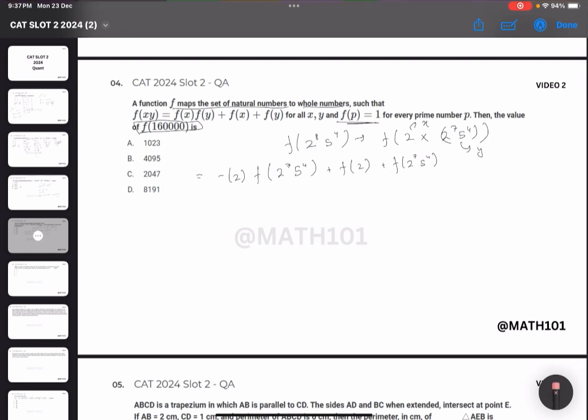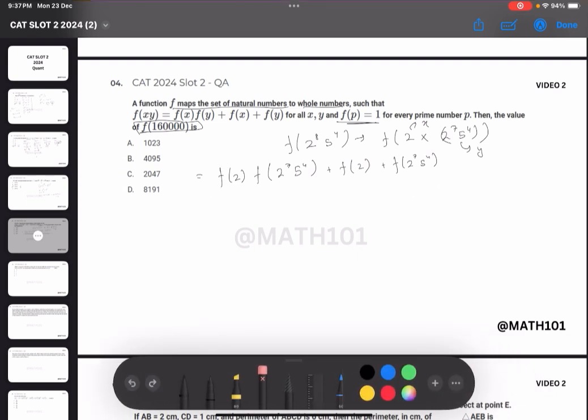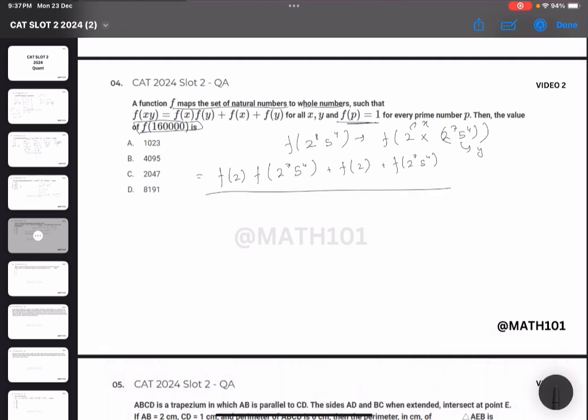So f(2) is 1. f(2) is 1. This remains same. f(2) again becomes 1. So we get 2 plus, we get 1 plus 2 f(2 to the power of 7, 5 to the power of 4).